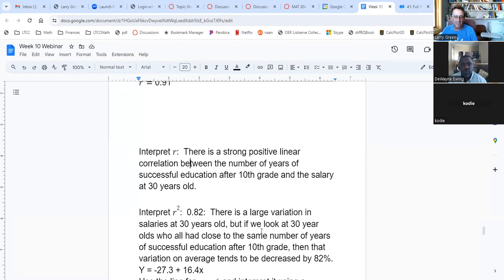But if we look at 30-year-olds who all had close to the same number of years of successful education after the 10th grade, then that variation on average tends to be decreased by 82%. Any questions on that? Any questions on the wording?